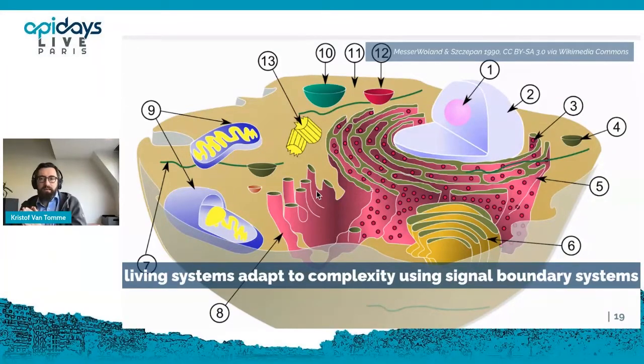And then they're using these semi-permeable membrane systems, these boundary systems, to interact with the rest of the world, to coordinate and to do what life does, and this interplay is happening in living systems.